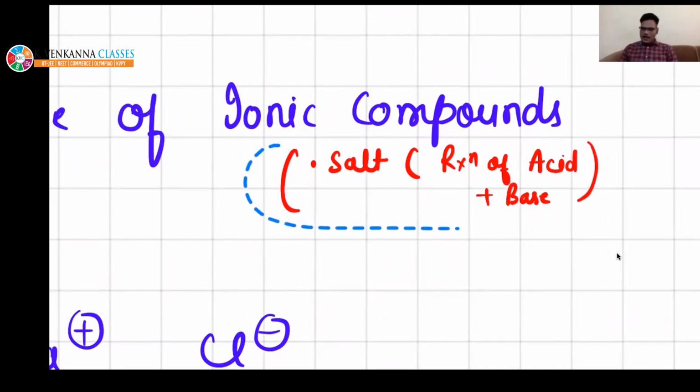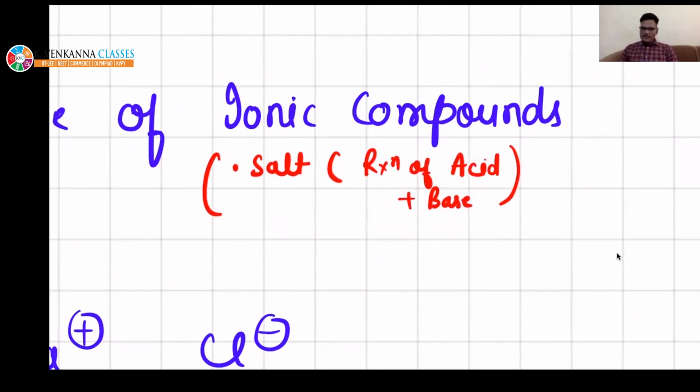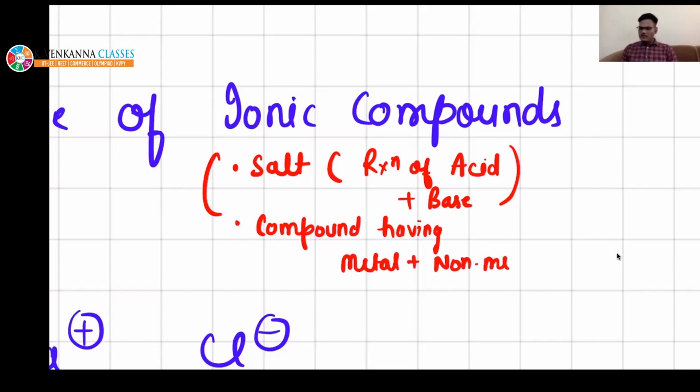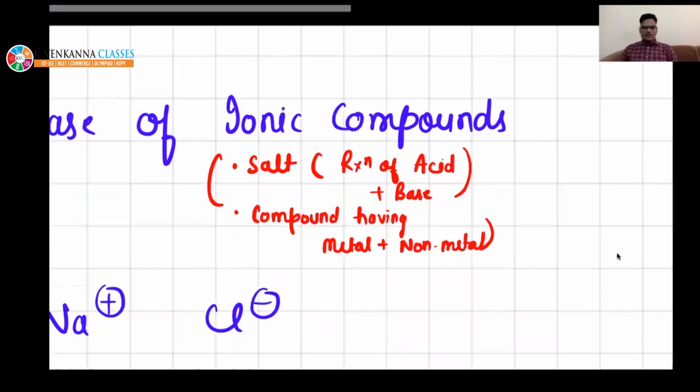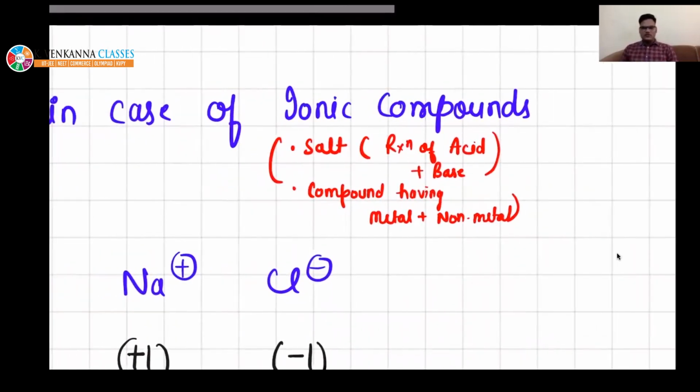Also, as we are just starting the topic and have not studied the periodic table or chemical bonding, if a compound has a metal plus a non-metal, then for now we can consider it an ionic compound.